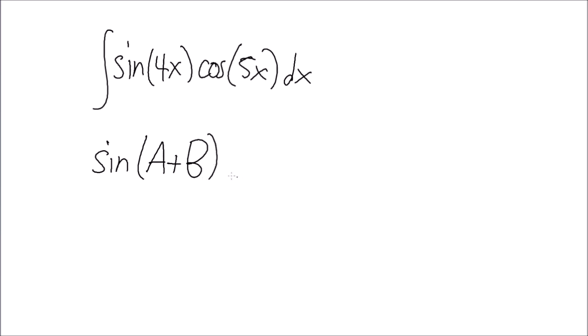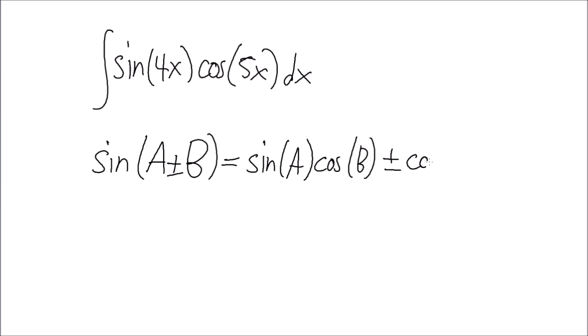So the sine of a plus b is sine of a cosine of b. Right. Actually, let me put this as plus or minus. Plus or minus, and plus or minus here, and then cosine of a, sine of b.